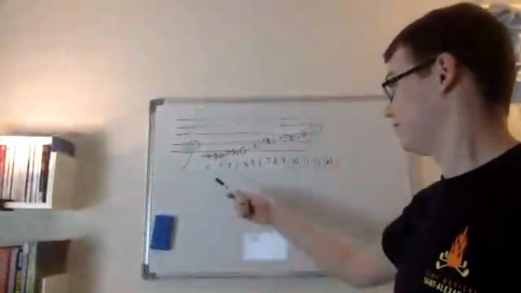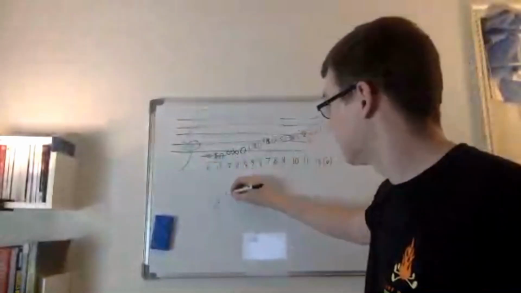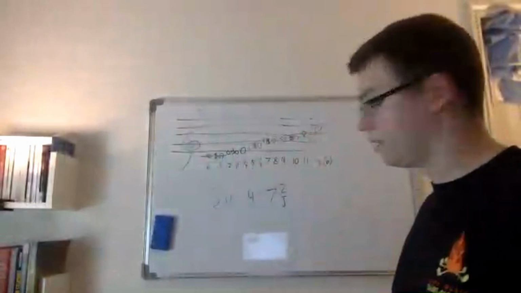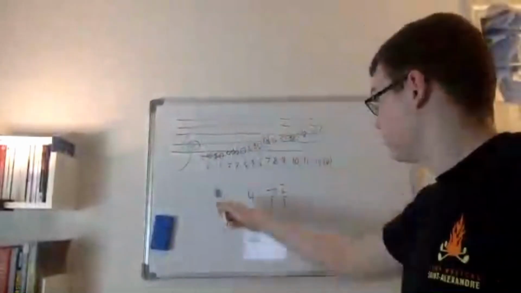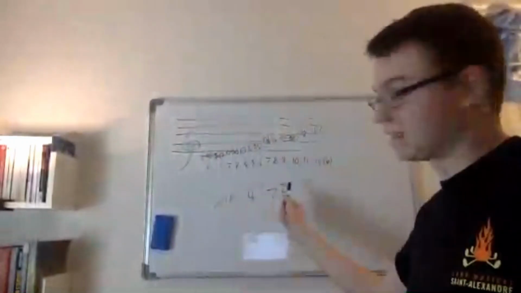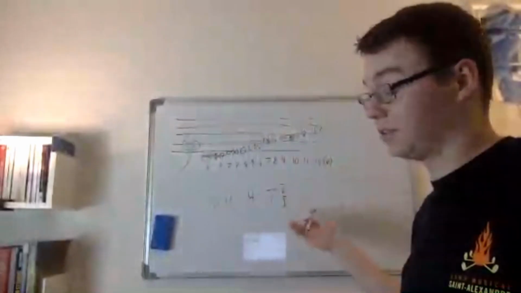So, first thing, I'm going to talk about a set. We have a chromatic scale here. If I take any group of these notes, then I now have a set. So I can have a set 0 4 7. This set is a major triad. It's a C major triad. I have C, E, and G. And you write sets like this. You choose your numbers, you get the notes.